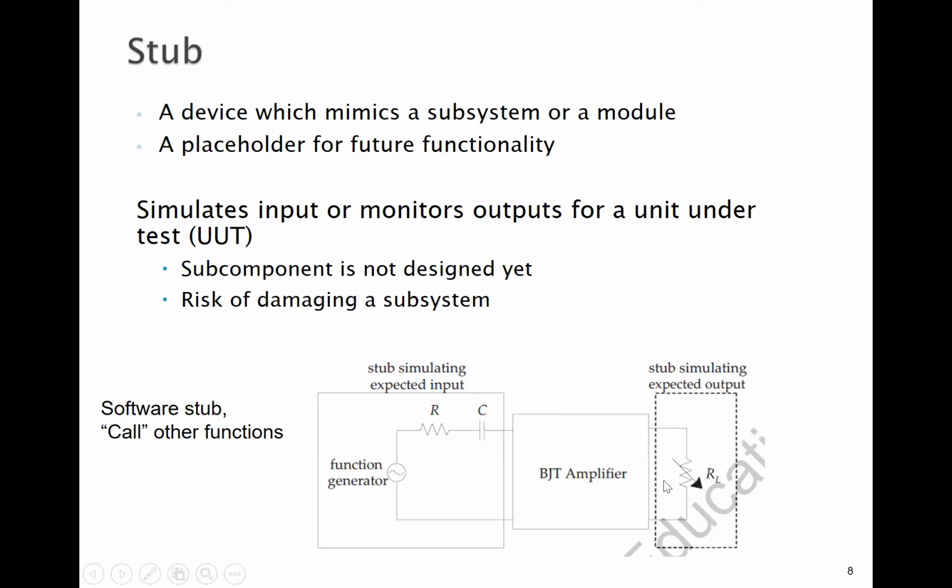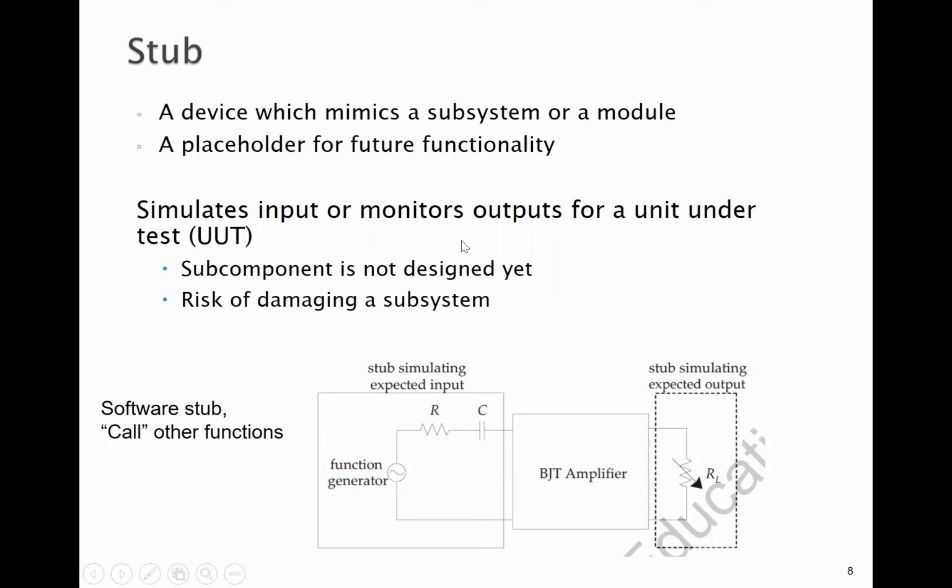This block is connected to the BJT amplifier. This is very common. And on the right-hand side, you can see a load. So we simply generate a signal and apply it to that load. You can imagine that there is a sound generated on the left-hand side, and on the right-hand side we may have a speaker.